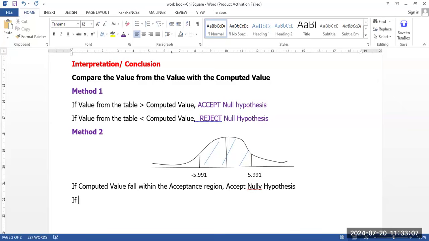Then if the computed value does not fall within the acceptance region, we reject the null hypothesis.